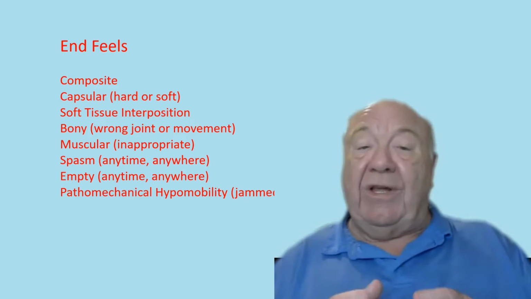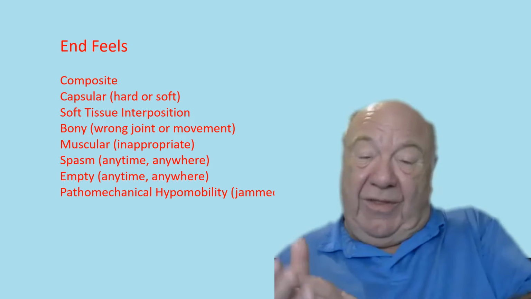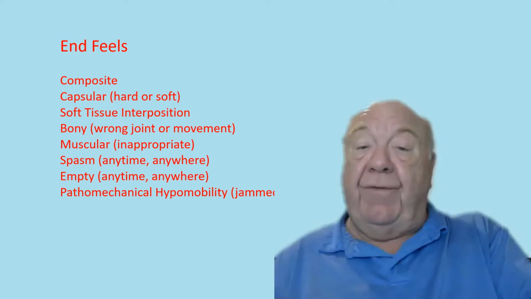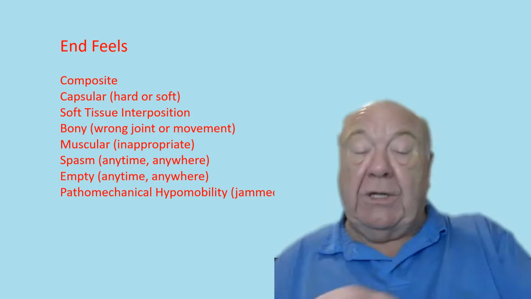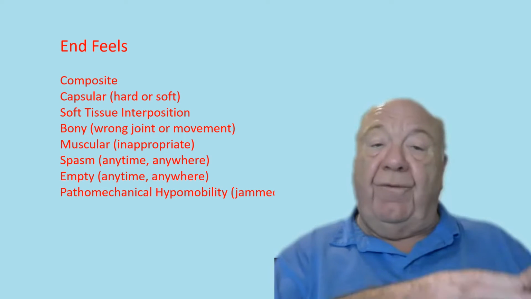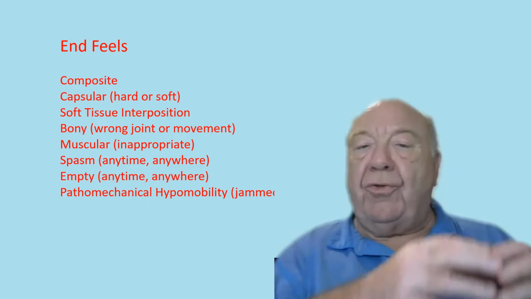But wrist extension, which moves it into the close pack position, where the big ligaments and the thicker capsule become involved, is much harder than the end feel for flexion. What we're looking at is whether or not the hardness of the end feel for that joint and that movement is harder or softer than it should be.